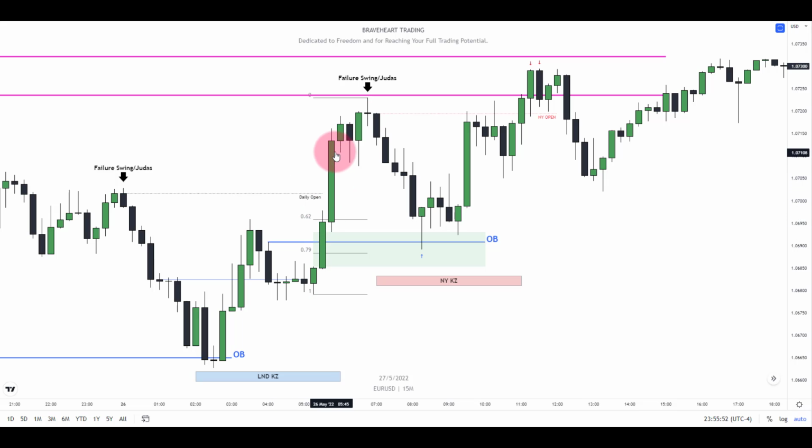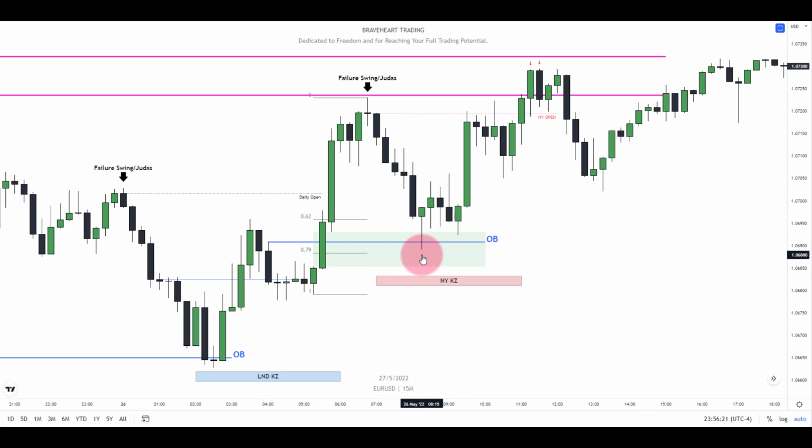So I know there's a fair value gap here and here, but that's just too high in terms of premium and discounts. I want it to become really cheap, and that's why I chose this fair value gap here. Also, I blended that fair value gap with this order block here, and if you blend an order block and a fair value gap together, that's a high probability order block.